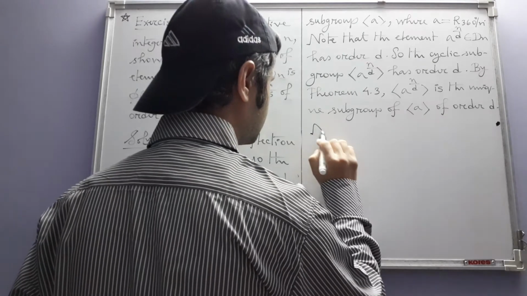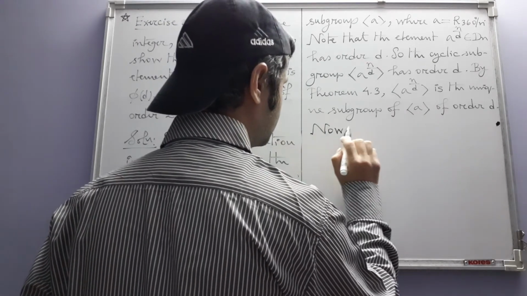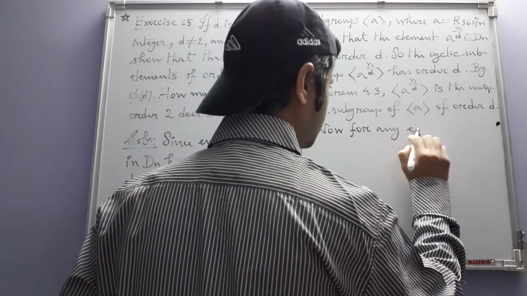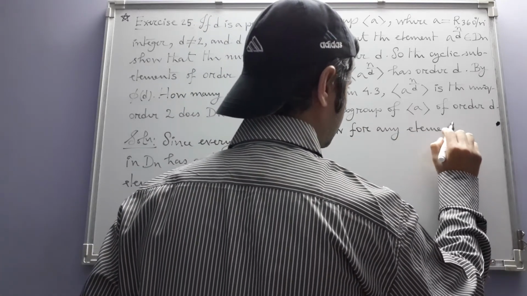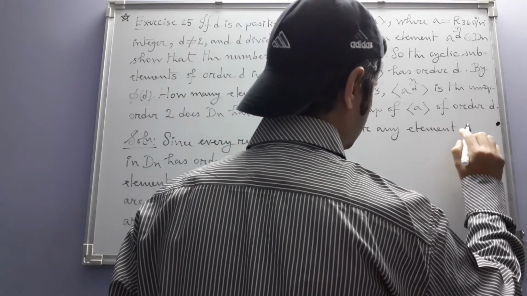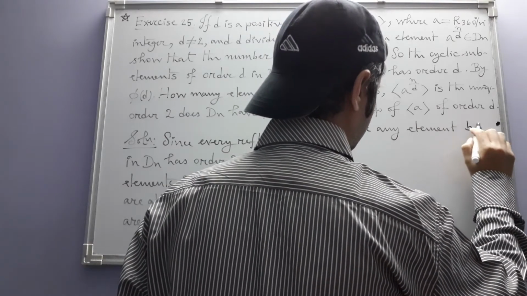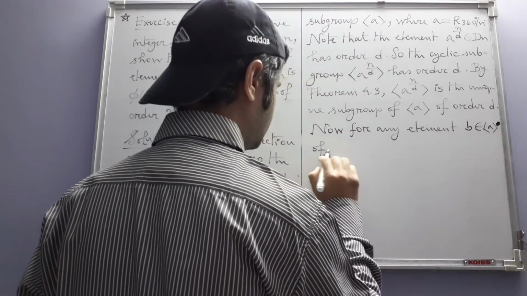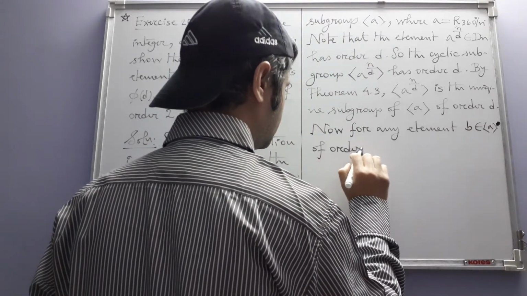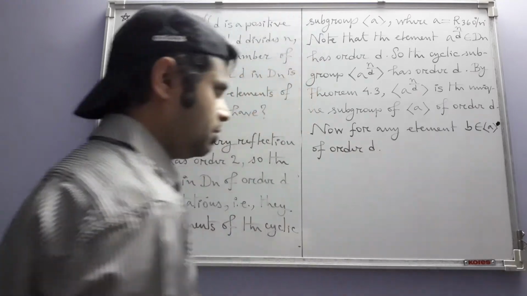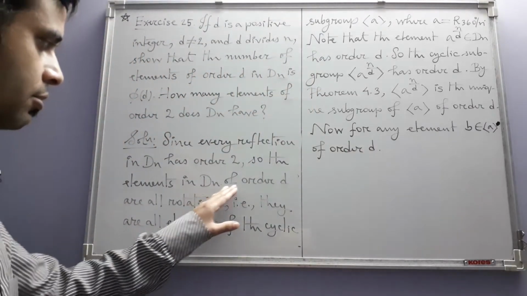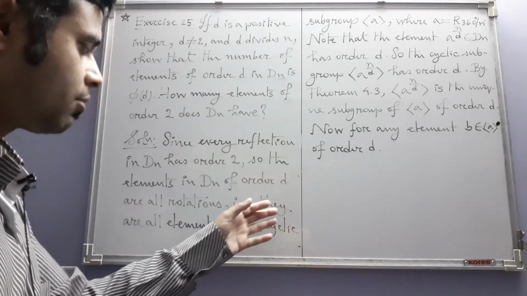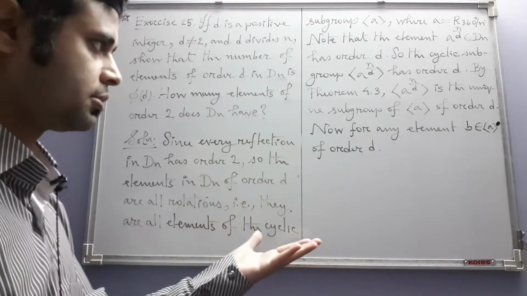Now, for any element B belonging to A of order D, we have already observed that the elements of order D are all rotations.